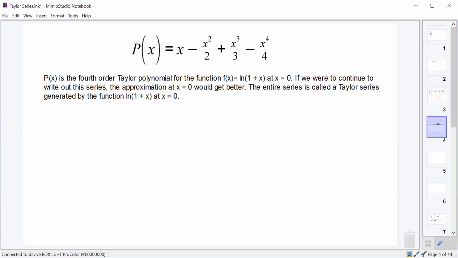And in addition to that, there is a specific name for a Taylor series that is centered at 0. A Taylor series that is centered at 0 is called a Maclaurin series. This is a Taylor series at 0.